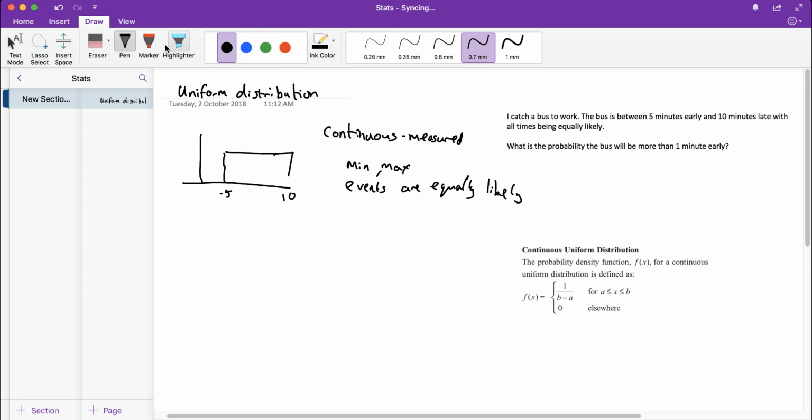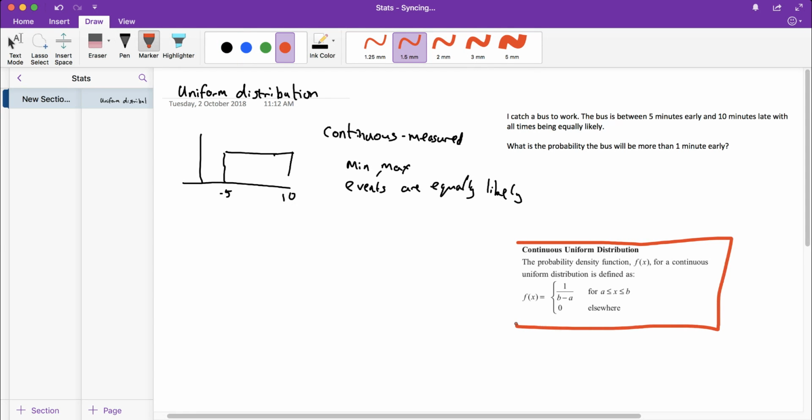On the formula sheet, they give you this. It tells me that the height of my density function is given by a formula. So this height going across here is 1 over 15.